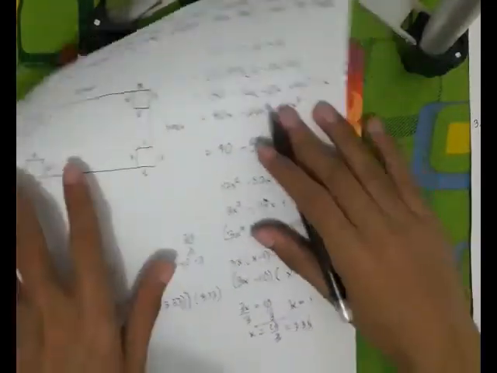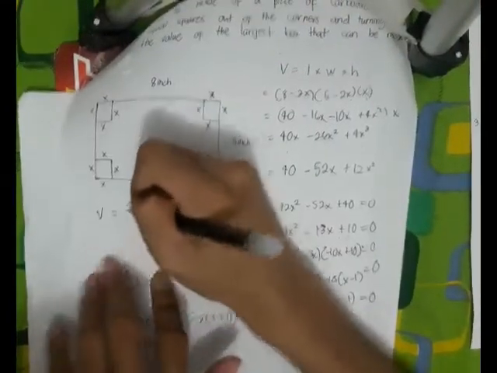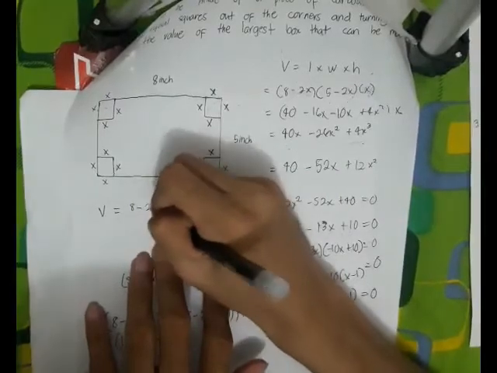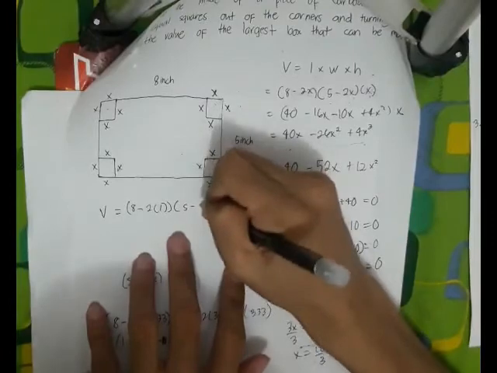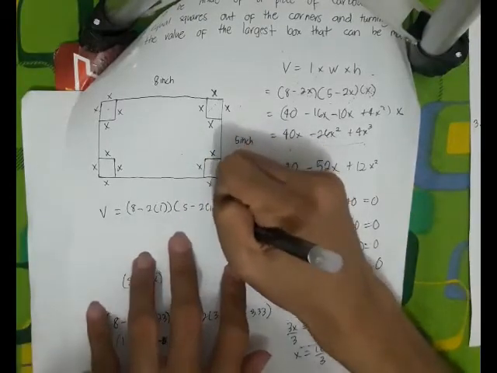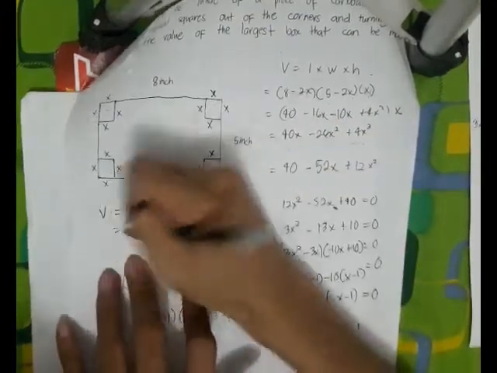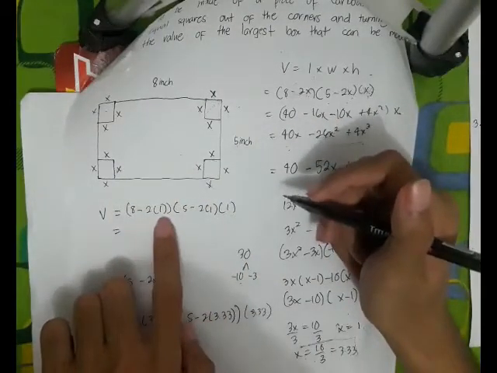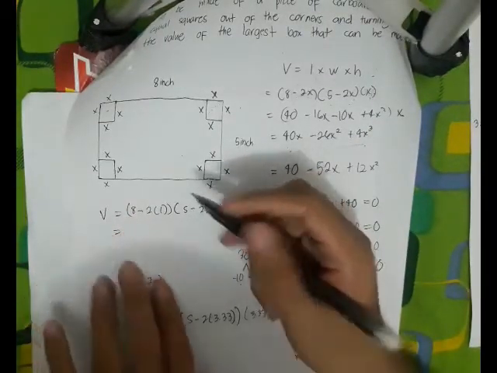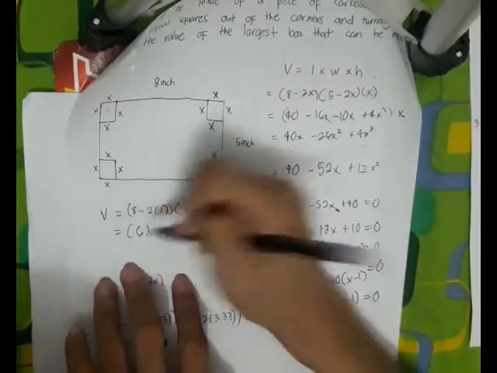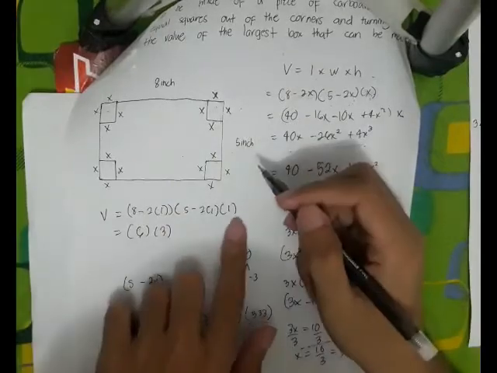Substituting in the equation, the volume equals 8 minus 2 times 1, times 5 minus 2 times 1, times 1. 8 minus 2 is 6, 5 minus 2 is 3, then times 1.